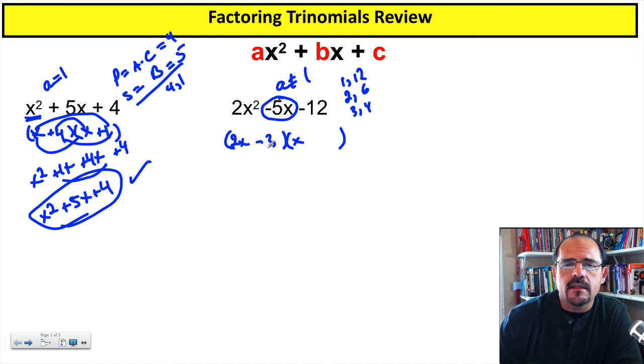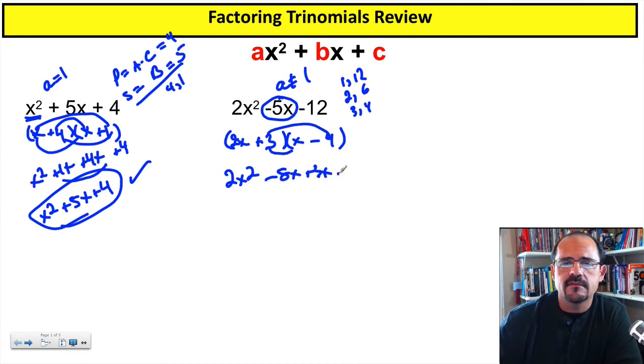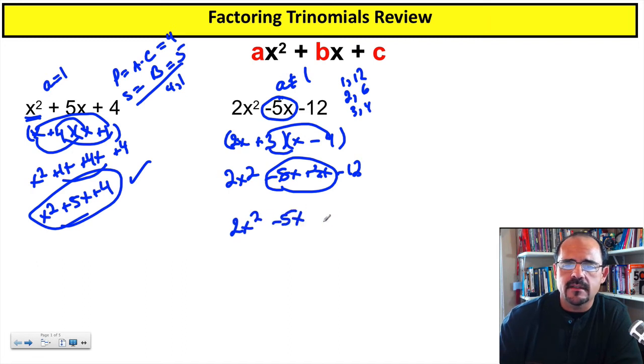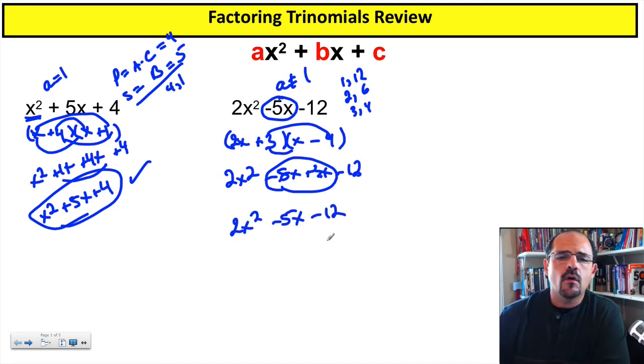You plug in 2x minus 3, 2x plus 3, and an x minus 4, and you say, does that work? 2x times x is 2x squared. 2x times negative 4 is negative 8x. 3 times x is positive 3x, and 3 times negative 4 is negative 12. And that works. Negative 8x and positive 3x is negative 5x. So you can always look at them and guess and check them like that. And if you get good at it, it's really fast.